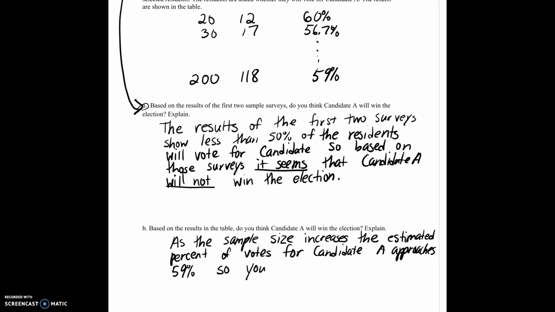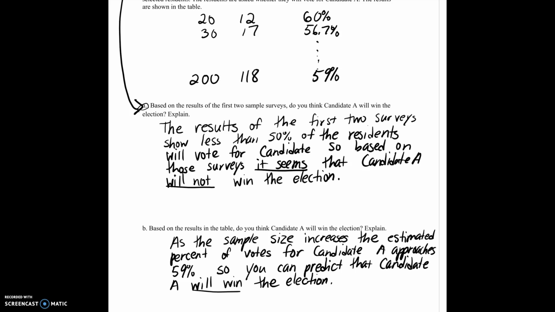So you can predict that candidate A will win the election. Now nothing's certain. Maybe as you increase more than the 200, it might go back down again, but it appears that as it's getting bigger and bigger, it starts to kind of even out in terms of values.